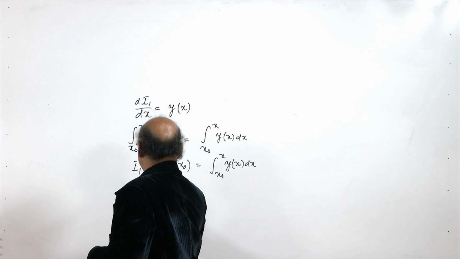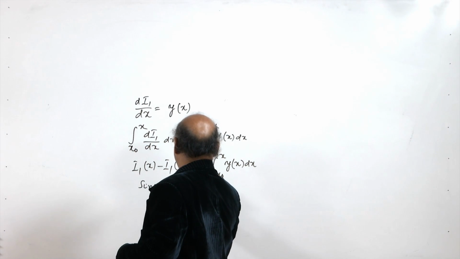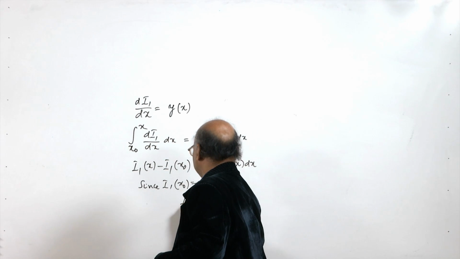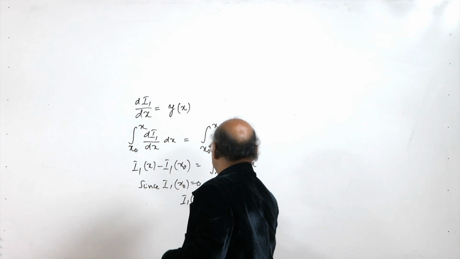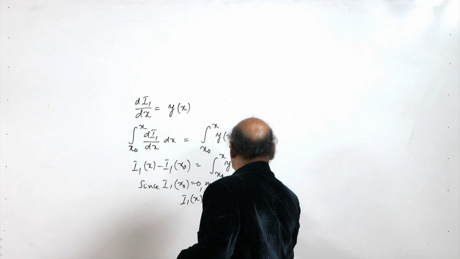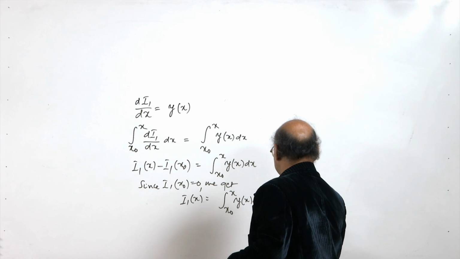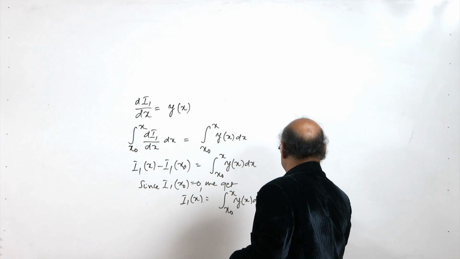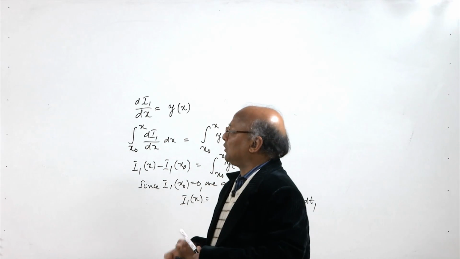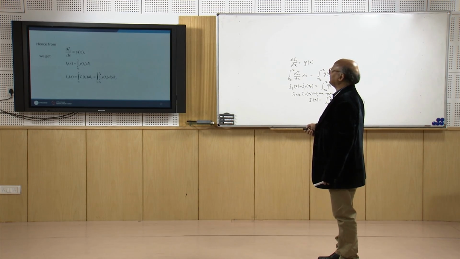So, since I_1(x naught) is equal to 0, we get I_1(x) equal to the integral from x naught to x of f(x) dx, which, since this is a definite integral, we can also write as the integral from x naught to x of f(t_1) dt_1. So, I_1(x) is the integral from x naught to x of f(t_1) dt_1.